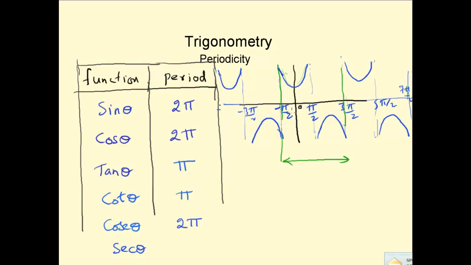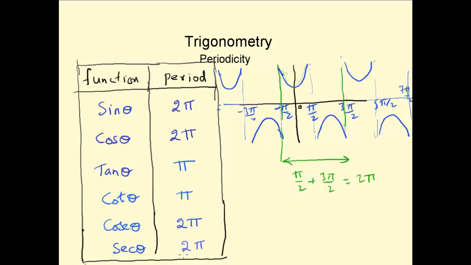This is minus pi by 2 and this is 3 pi by 2, which is pi by 2 plus 3 pi by 2, equal to 2 pi. So the period for secant theta is also 2 pi, just like cosecant theta, sin theta, and cos theta. So here are all the periods for all the trig functions that you're supposed to know.